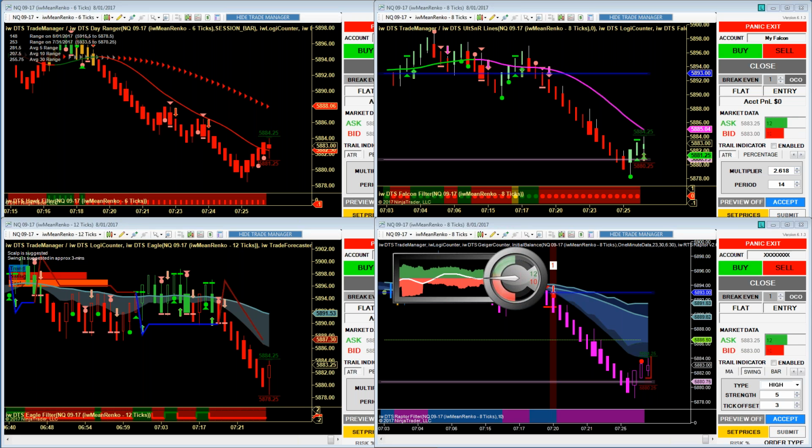All right, so we're seeing a little bit of a reaction now off of the secondary support line. I wonder if that's going to give us a pullback to the hard edge.